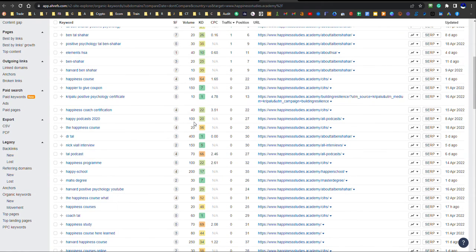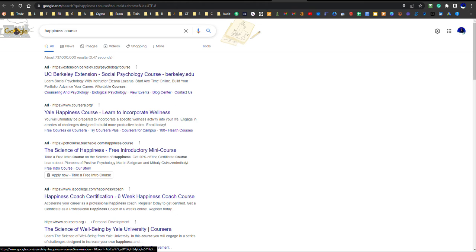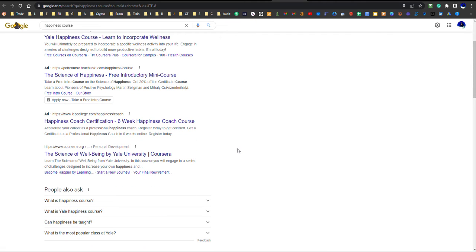All of these are information-based words. Happiness course. Okay, so here's an interesting one, happiness course. So this would be people looking for a course on happiness. So what you want to do is go to Google and look at what are the other websites that show up to match the search intent if this is something that's related to you.